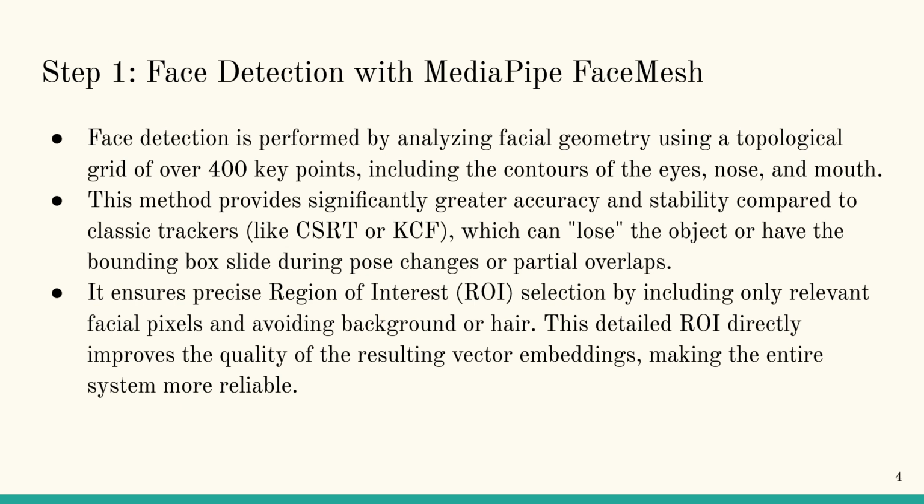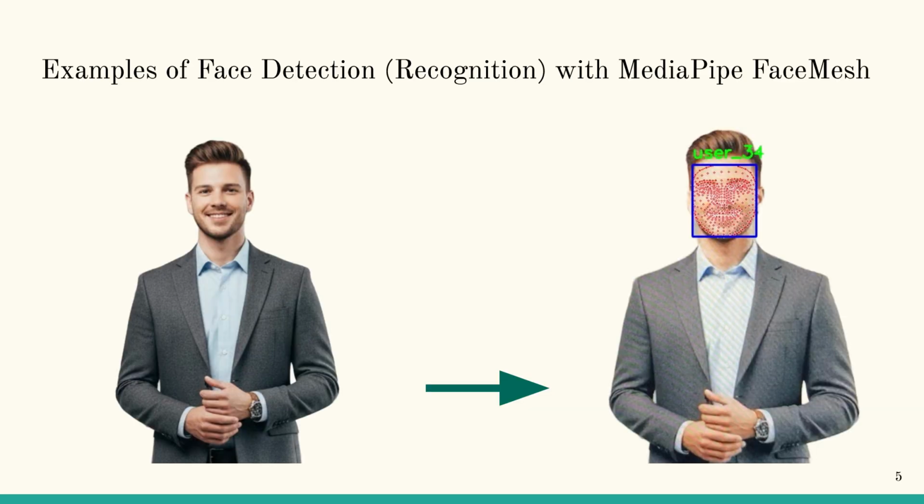In the current version of the complex, we use a more robust model for face recognition, which builds face key dots. Such a model improves the quality of ROIs, but requires great computational resources. A live example of the system working is depicted on the fifth slide.